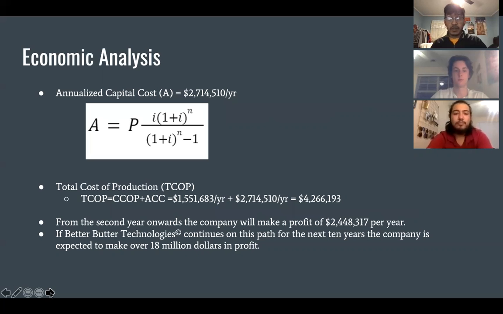The ACC, annualized capital cost, was calculated using this equation, and that came out to over $2.7 million per year. The total cost of production we found to be $4.2 million. And from the second year onwards, the company will make a profit of $2.4 million per year. And if Better Butter Technologies continues on this path for the next 10 years, the company is expected to make over $18 million in profit.